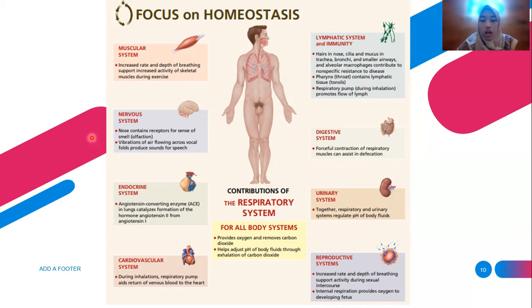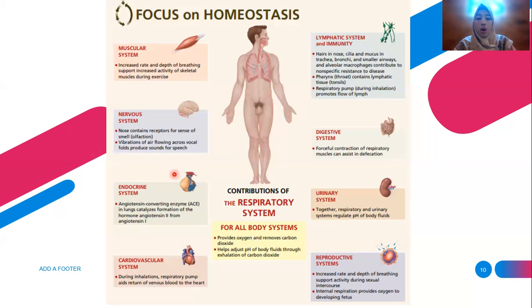And the respiratory system also supports the nervous system: the nose contains receptors for the sense of smell, and vibration of air flowing across the vocal folds produces sounds for speech.